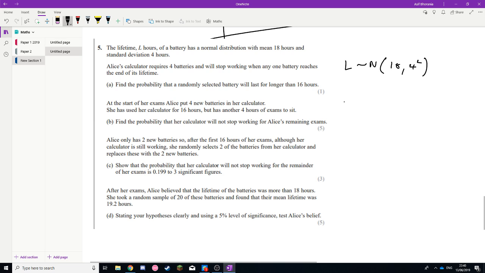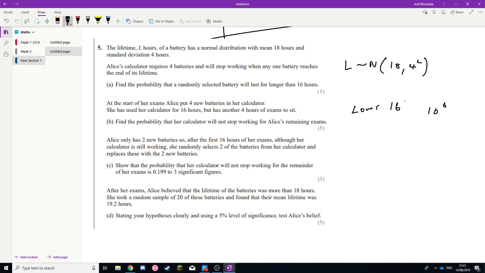You can just use your calculator. Lower end 16, upper end 10 to the 6. Why the hell not? Let's see what I get.